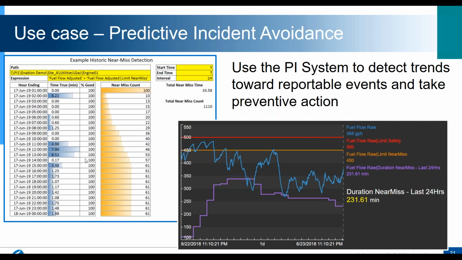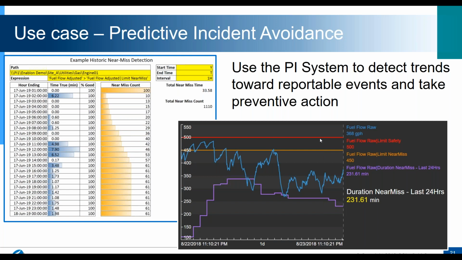You could use this information to trend those results on a longer period and see if you're trending towards more and more incidents of exceeding that near miss threshold, or more and more time above it, which would indicate that you're heading towards an alarm limit and a reportable incident.